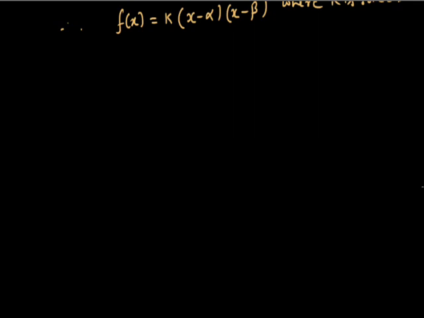So we can write ax² + bx + c = k(x − α)(x − β).